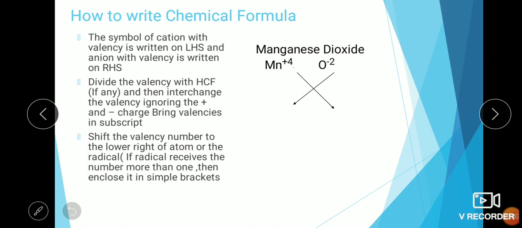So in your notebook, you have to write the name of the element first, their Latin name and their symbol. For example, iron, the Latin name of iron is ferrum, so its symbol is Fe. If you can also write the valency with that, it will be really helpful to you for your next class, that is 10th standard.